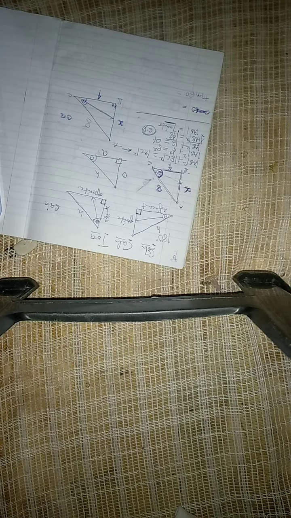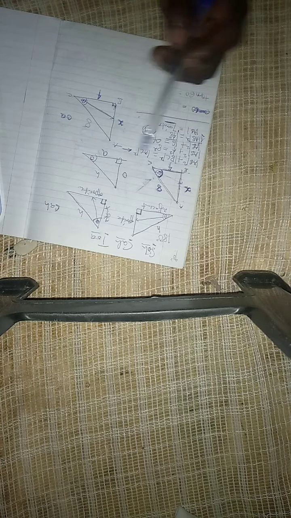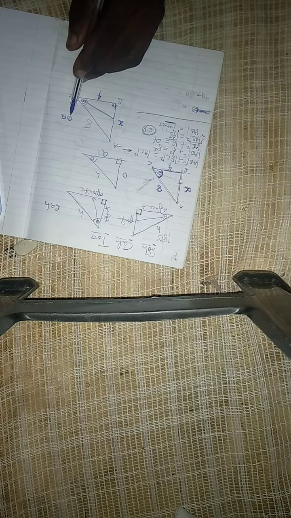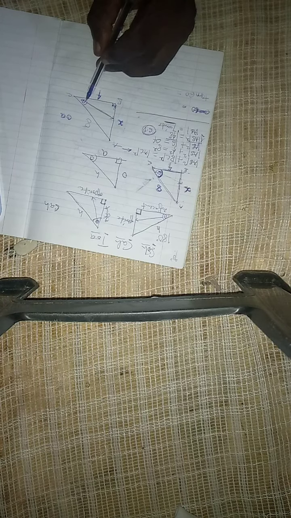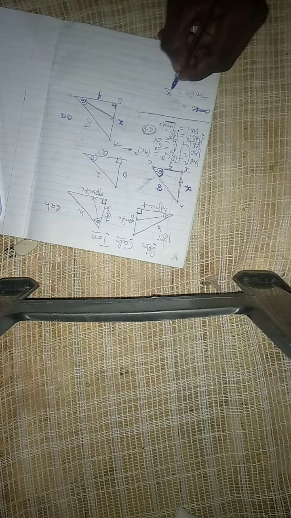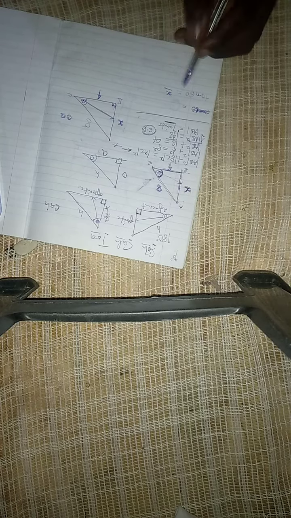When we are dealing with SOHCAHTOA, with those lengths, which are the adjacent and opposite, we do it as a ratio. So O will come on top, and O is opposite, the X. So we have X over A, and A is 4.